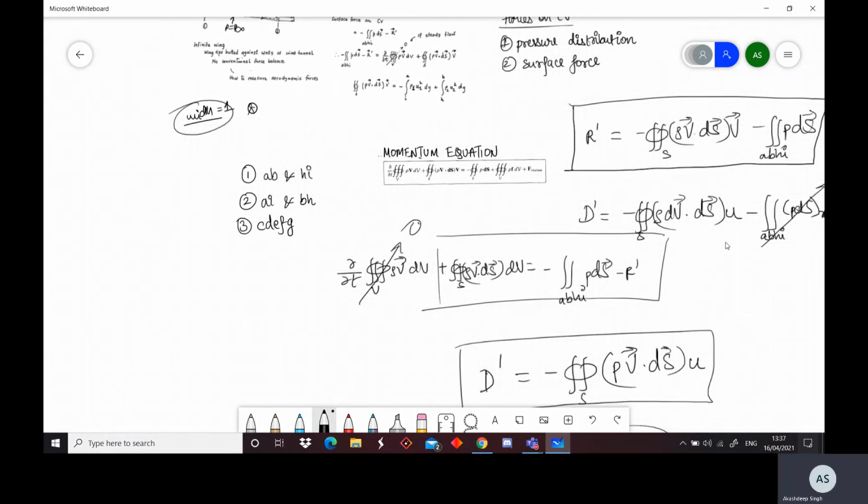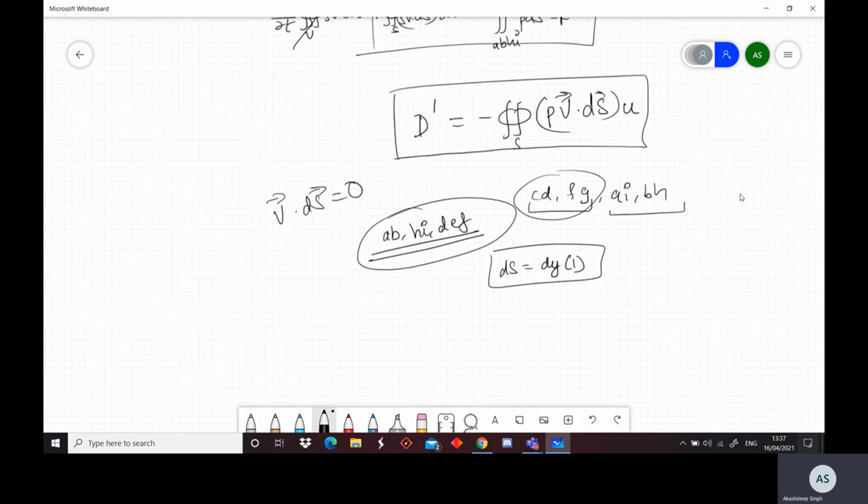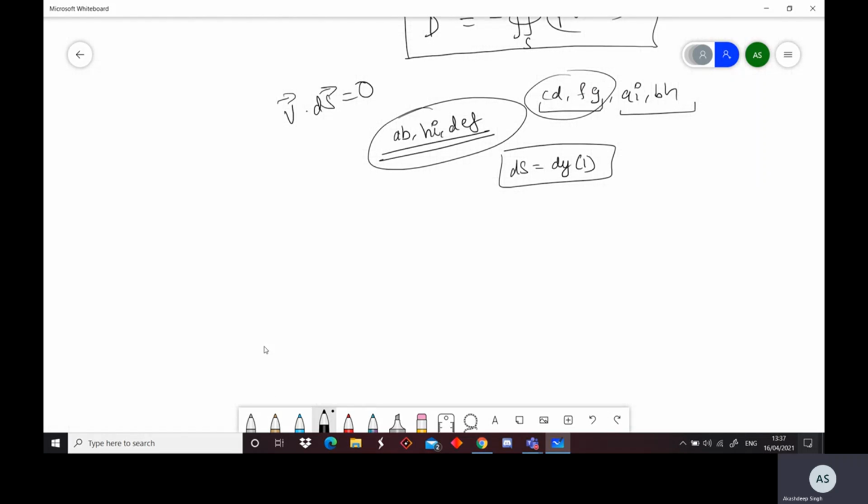Yeah, this equation, I will just write it down again for more clarity. So this integral equation should become minus the integral from I to A of rho 1 U1 squared dy.